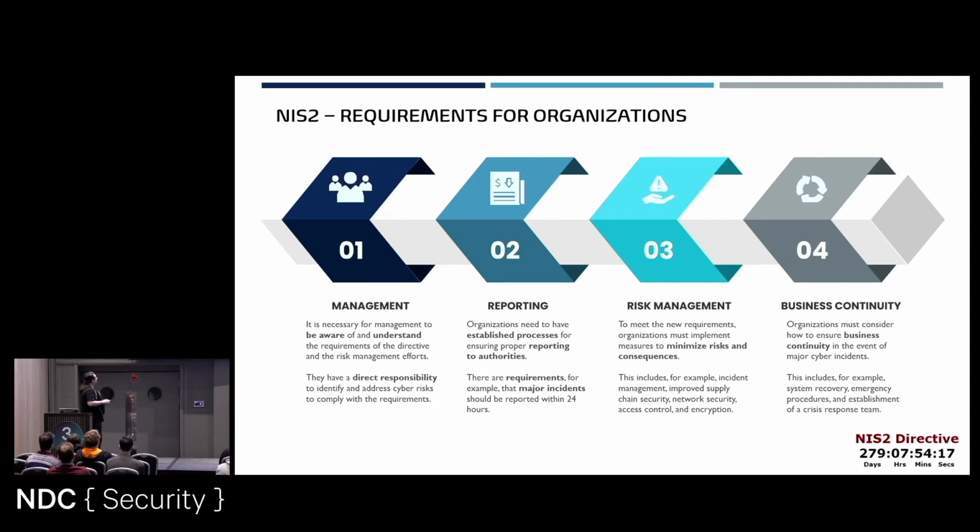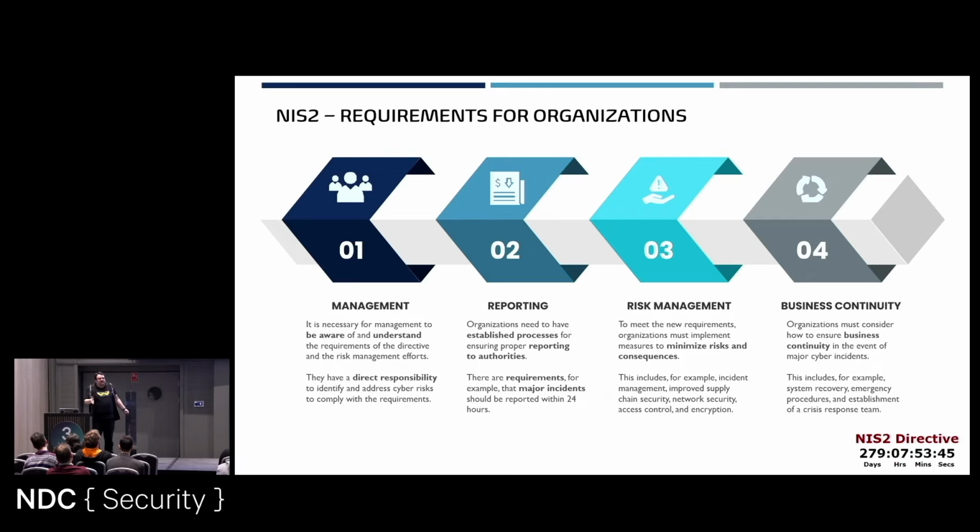So the requirements for organizations are the following. One, it's necessary and important for management to be aware and understand the requirements of the directive, which is not the case right now. I've taken a look at some surveys that have been done across the EU, and most of them show that around 80% of companies don't even know that they will fall under NIS2.